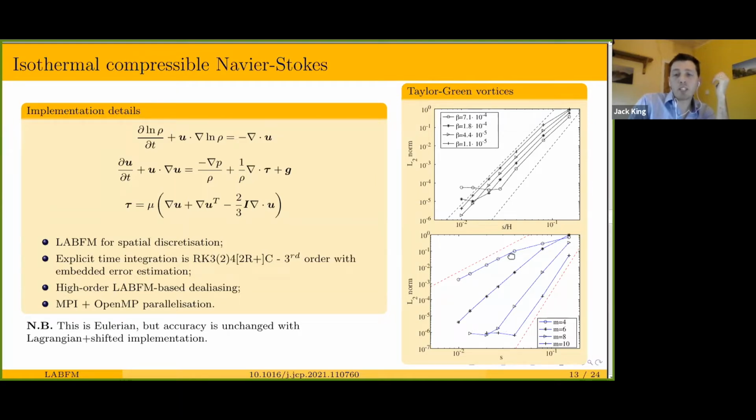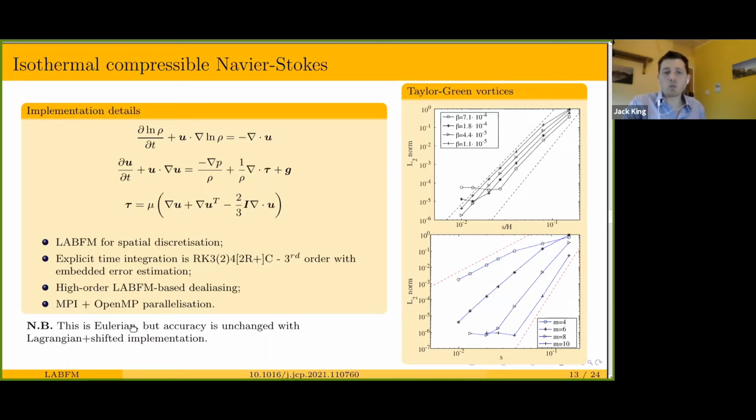But above that limit, we get order of between 3 and 4, between 5 and 6, between 7 and 8, and between 9 and 10 convergence, which is very nice.